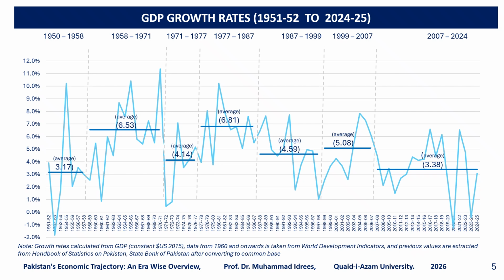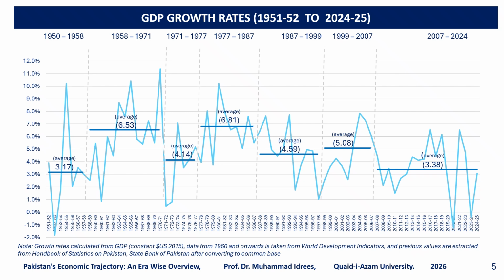Similarly, after 9/11, Pakistan received significant aid for the war against terrorism. So the inflow of foreign aid was relatively higher during the military regimes, which could also be one of the reasons for relatively higher growth rates. But one thing is important, that these high growth rates were not sustainable.